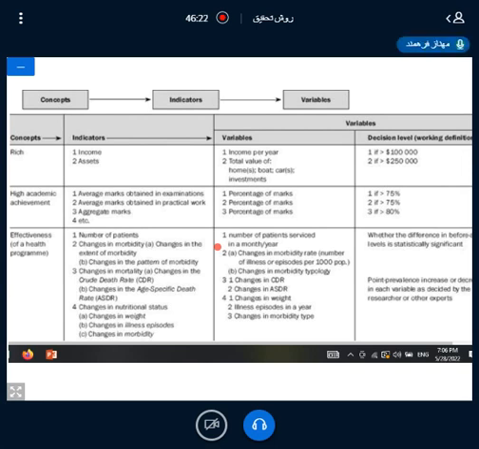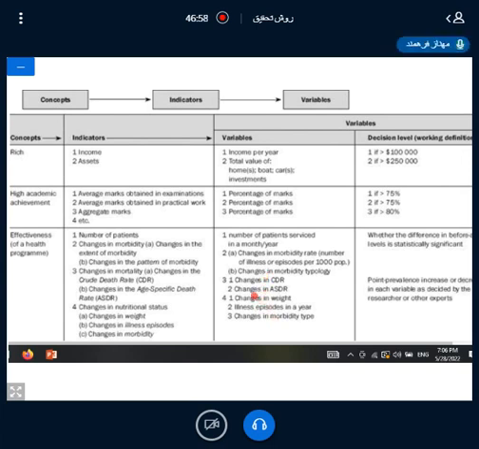So please notice your concept was the effectiveness of a health program. So the number of patients serviced in a month or year is your variable. Okay. The changes in morbidity rate, number of illness or episodes per 1000, is your variable, and changes in morbidity typology is two.